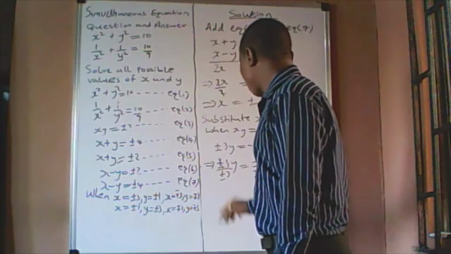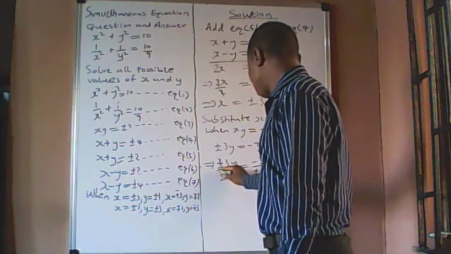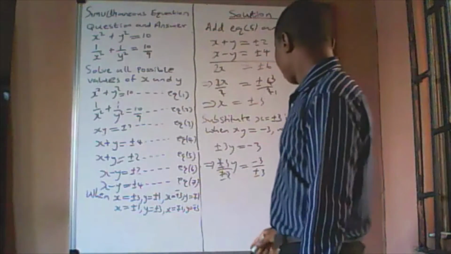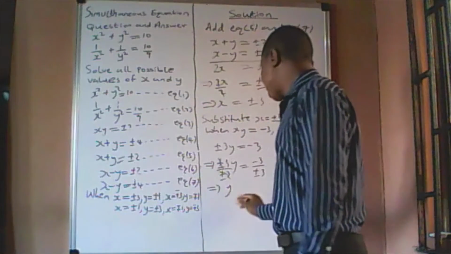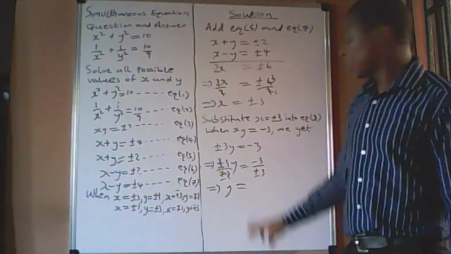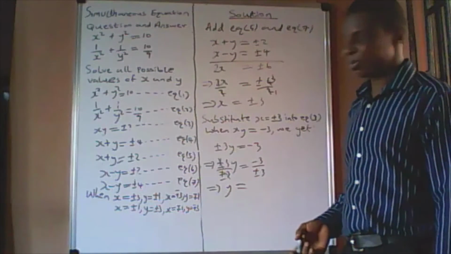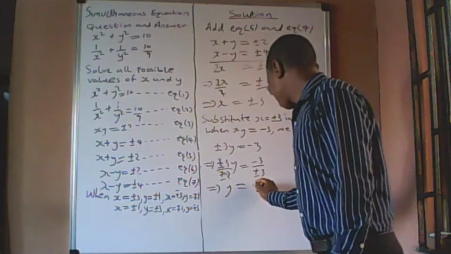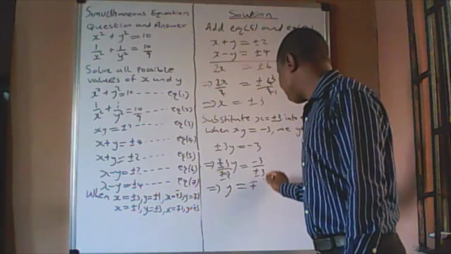Then plus or minus 3 divided by plus or minus 3 gives us 1, we divide them. It implies y equal to minus divided by plus gives us minus, so minus or plus. 3 divided by 3 will give us 1.